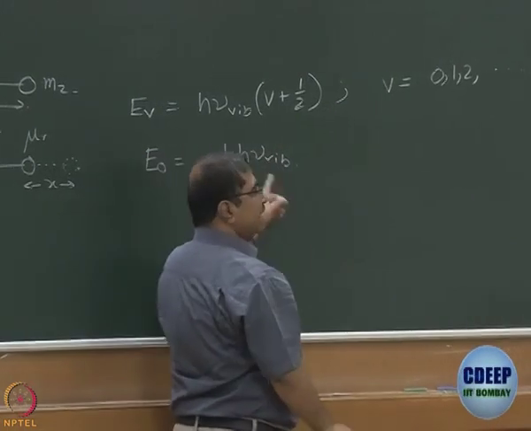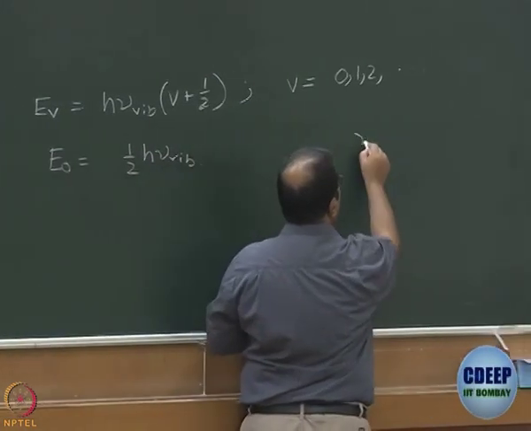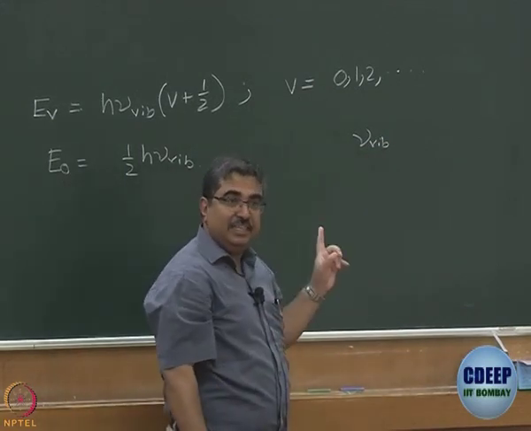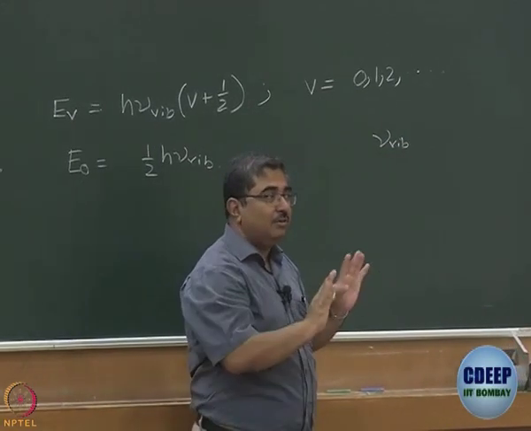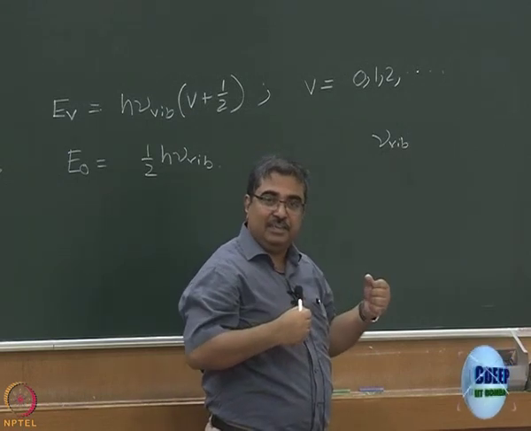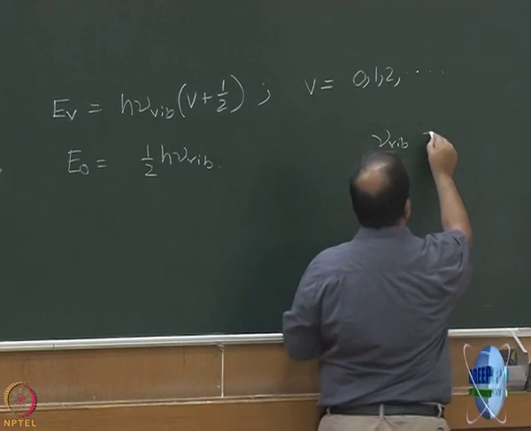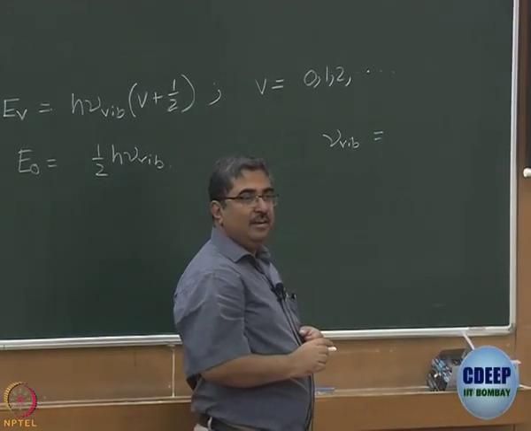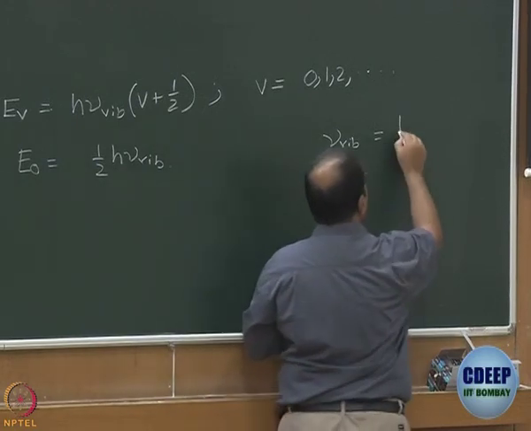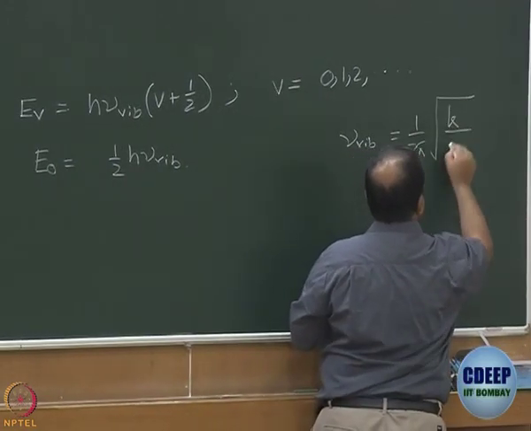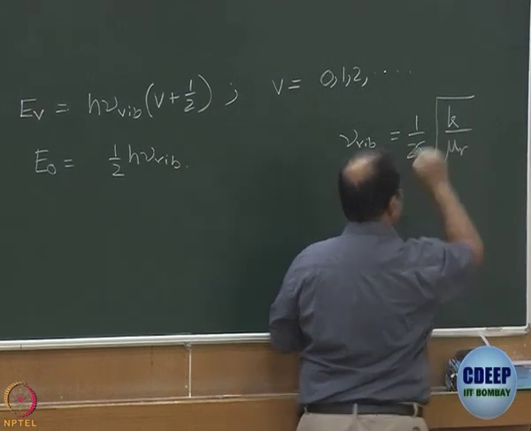By the way, what is nu vib? Nu vib is the frequency of vibration. Okay, we are not talking about light yet. Nu is frequency of vibration, and how is it related to this k and mu r? 1 by 2 pi root over k divided by mu r.